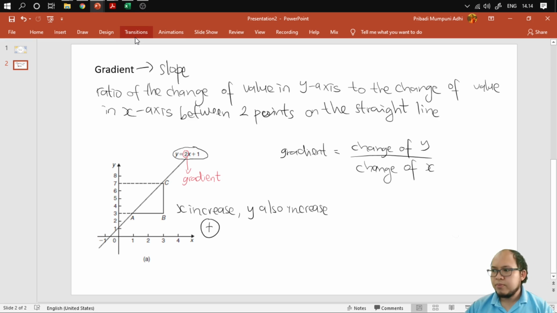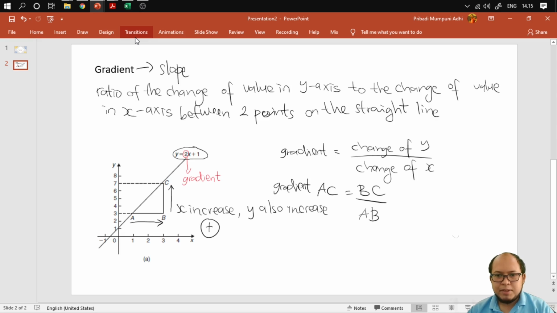In this figure, the change of y is on the BC. So it starts from B to C. So it will be equal to BC over AB. So this line AC, the slope or the gradient, will be equal to BC over AB.